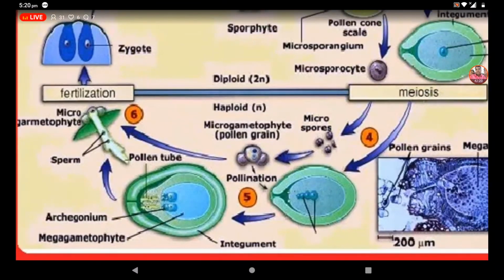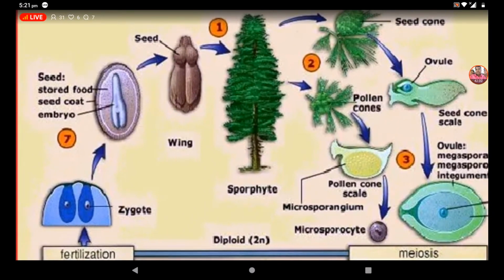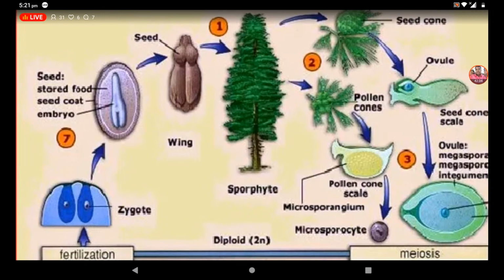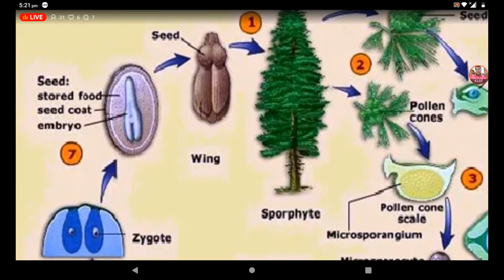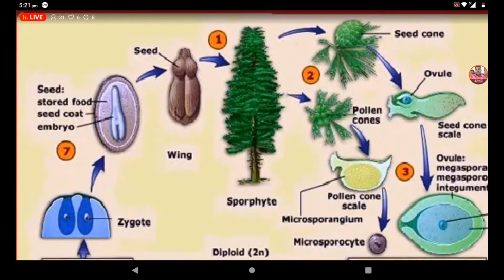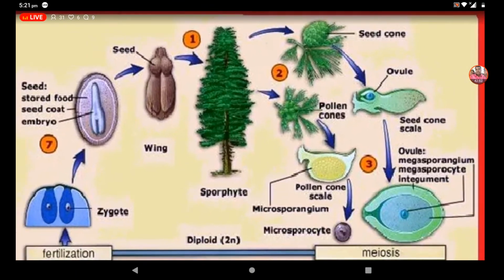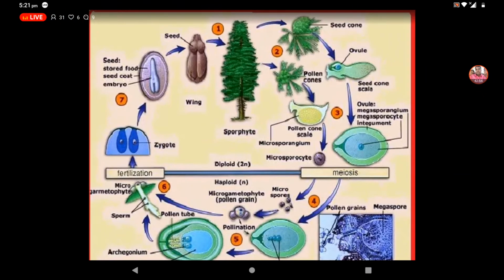The zygote is formed and becomes the embryo, and around that the integument and even the ovule become the seed, with wings also identified, which can be carried by the wind. Whenever suitable conditions are there, the seed germinates and gives rise to the sporophyte. That means the plant comes again.